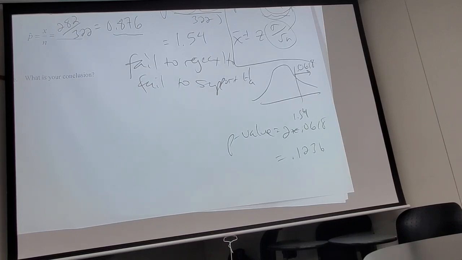Is a 12% chance unusual? If something has a 12% chance of happening, is it unusual? No, it's about 1 out of 10. Something has a 1 out of 10 chance, I wouldn't say it's unusual. It's sort of like the difference between, if you saw a dude that was 5'6", would you go, whoa, can I take a picture with you?